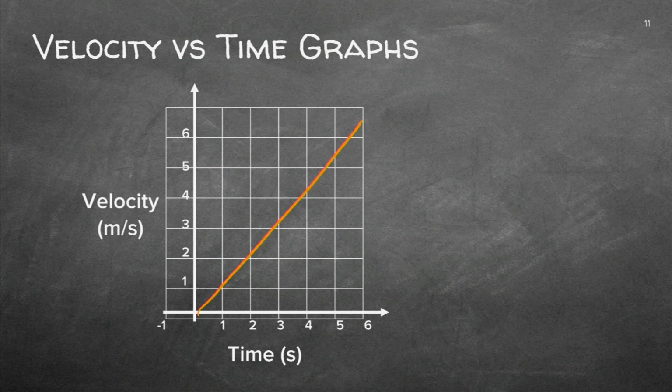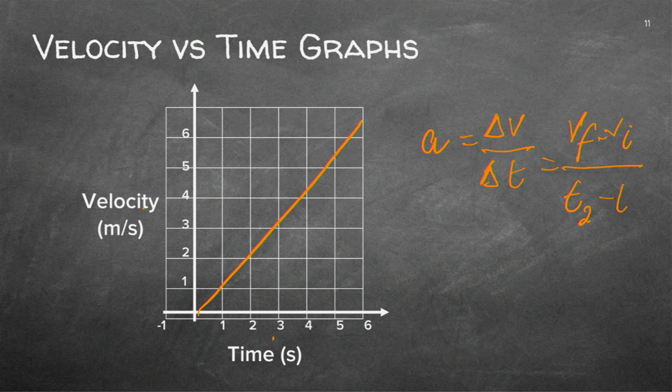However, if we have a graph like that, we see the velocity is changing. So acceleration will be the change in velocity over time. And now I do have a final and an initial velocity. So I can say the final velocity, let's say that point there, is 5, and the initial was 0.